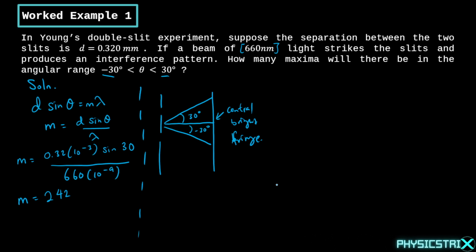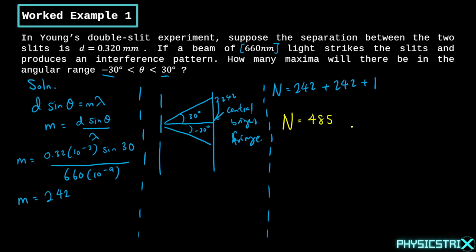Okay? So then we can calculate the number of maxima. The number of maxima will be 242 from this side, right? So this is going to be 242, plus the 242 from the bottom, and then plus the one central bright fringe. Now we have the total number of maxima in that angular range, which is 485.